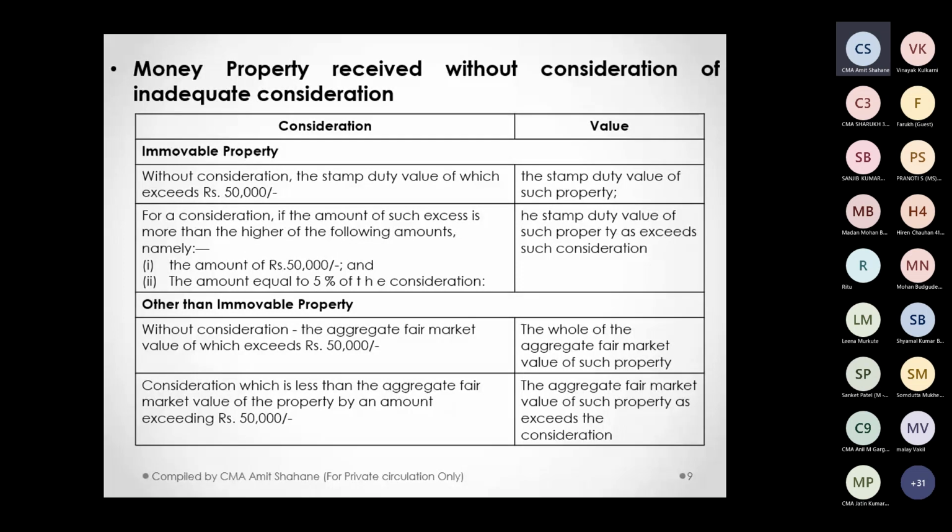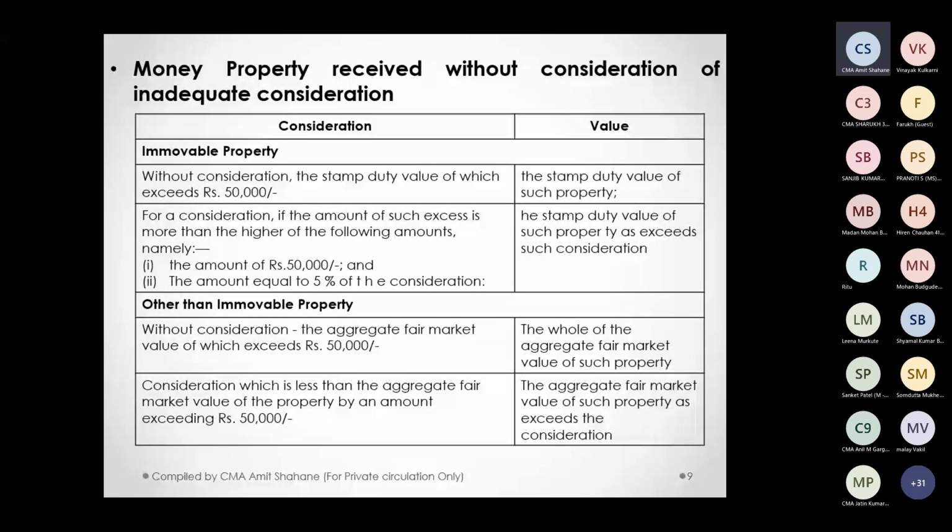The stamp duty value of that particular property is, say, 10 lakh rupees. So what is chargeable in my hand? 9,50,000 rupees, because the stamp duty value is 10 lakh rupees. Out of that, 50,000 rupees is exempt. The balance 9,50,000 rupees is chargeable to tax as income from other sources.